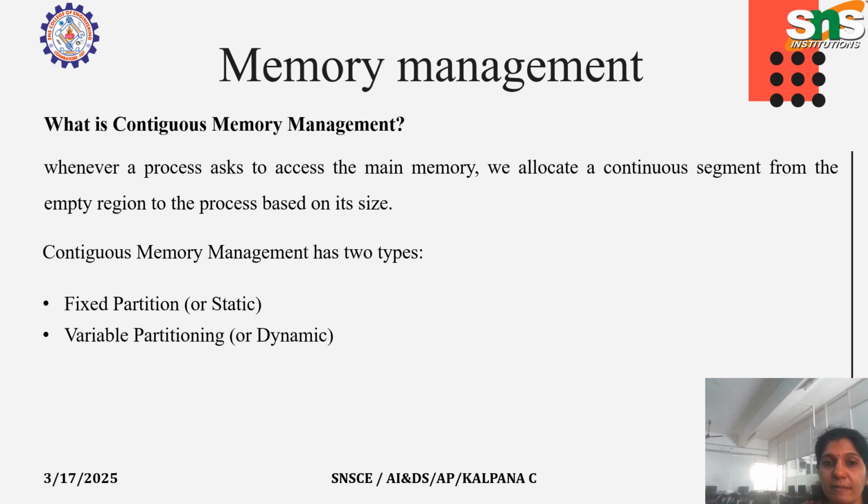Okay, so next we'll see what is contiguous memory management. Whenever a process asks to access your main memory, we allocate a contiguous segment, which means continuous. For example, your process P1 starts with 1 and ends with 200 MB. Let's say your second process P2 is going to get loaded in 201.